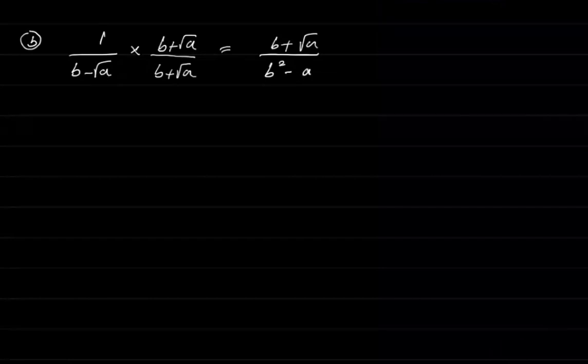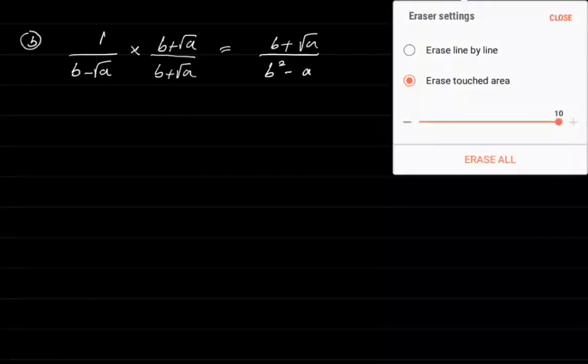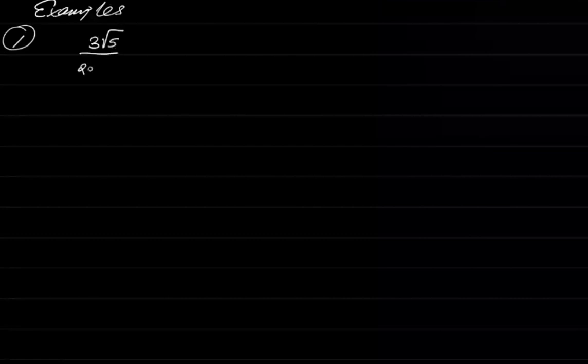Okay, so let's look at some examples. Example 1. Rationalize the denominator of the following: 3 root of 5 divided by 2 root of 6. How can we rationalize the denominator? Now, in this case, we are going to multiply both the numerator and the denominator by root of 6.